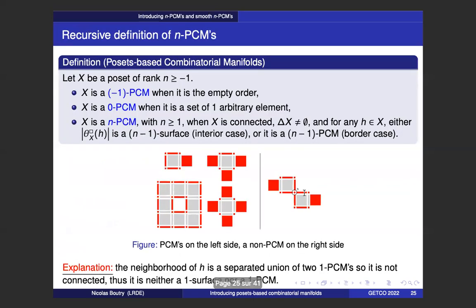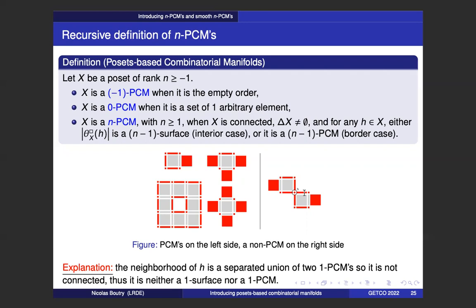let me introduce now the main tool of this talk. So I already defined the acronym PCM. The definition is the following. We'll see it is almost the same skeleton as for the discrete surfaces. The -1 PCM is the empty order. The 0 PCM is a set of one isolated element, only one element.